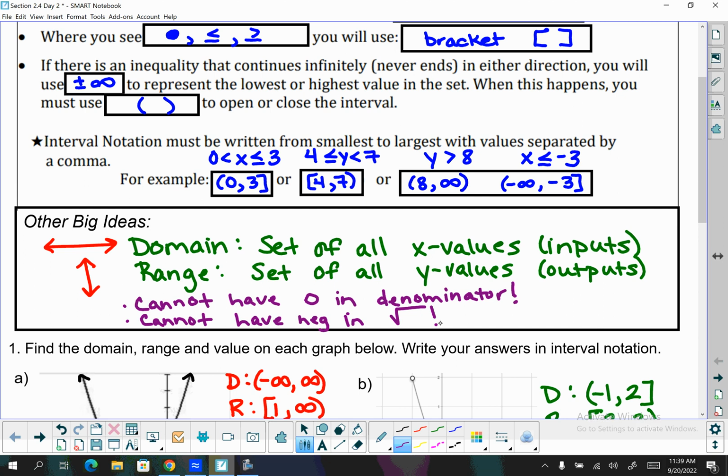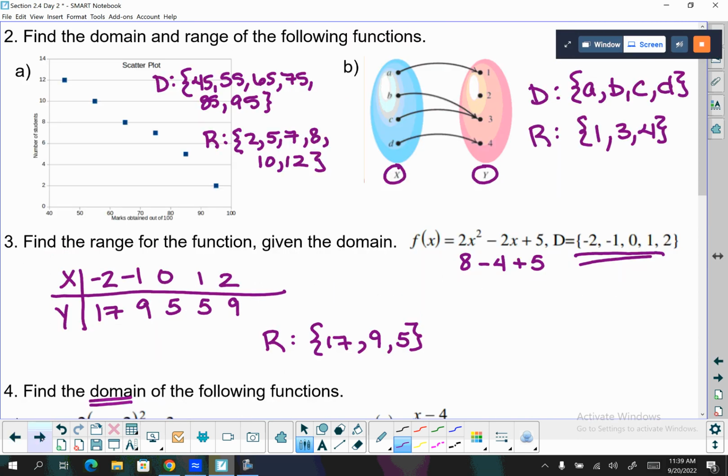Those are what we call domain restrictions. Once you locate your restrictions, your domain is just everything else except those numbers. So those are two things you're going to look at in every problem. And they won't apply in every problem. Sometimes it'll be one or the other. Sometimes it'll be both. Sometimes it'll be none.